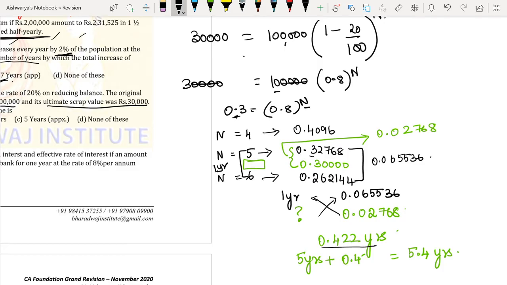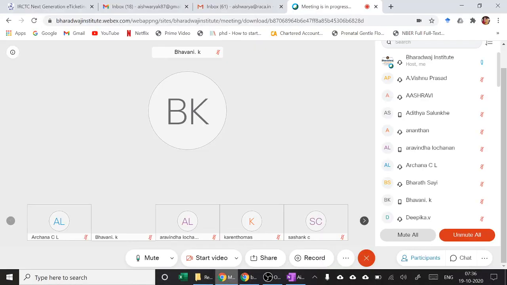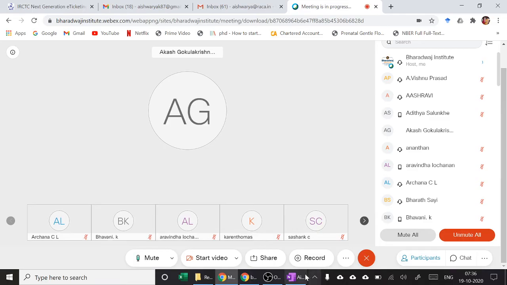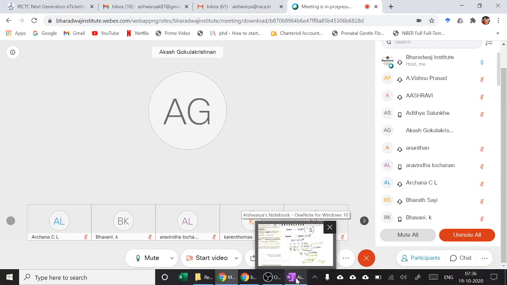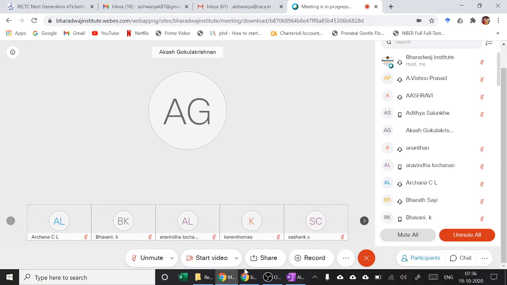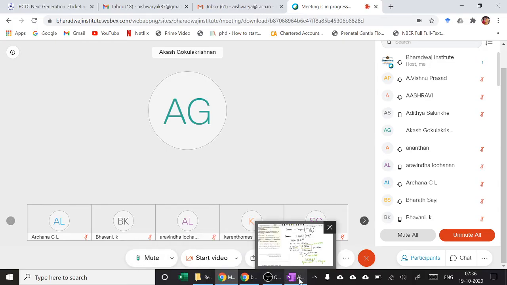This into this into this. Can we proceed? With this, we come to the conclusion on compound interest.